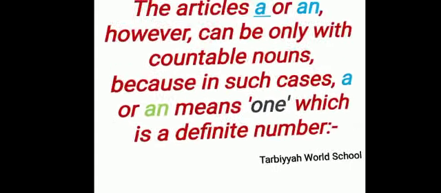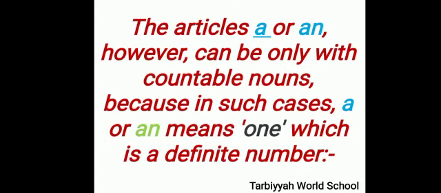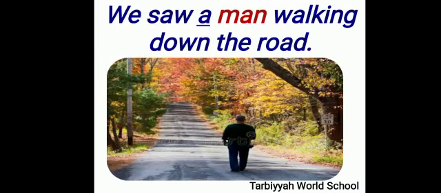Now come to the next. The article a or an, however, can be used only with countable nouns because in such cases a or an means one, which is a definite number. For example, we saw a man walking down the road.